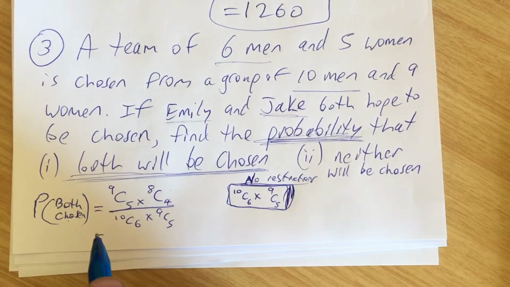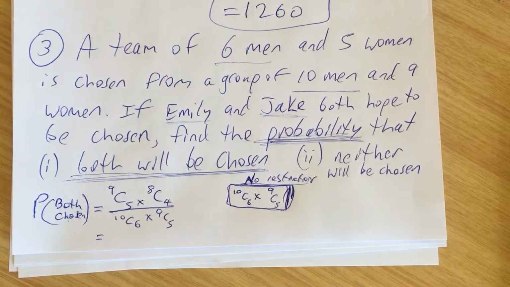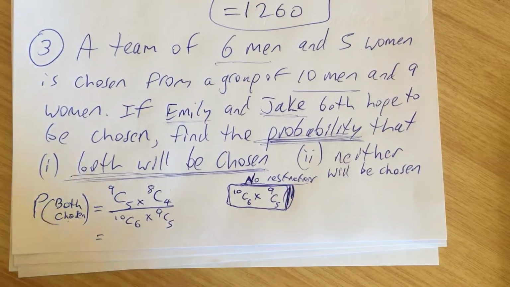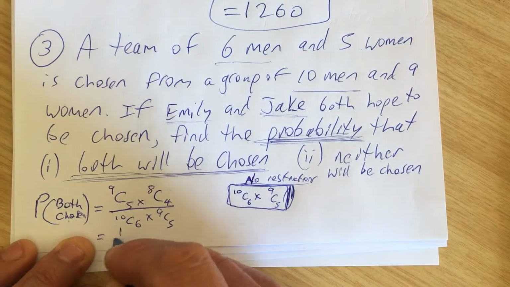This becomes, I think it's like 1 in 3 or something, or 3 in 10. It was a really nice answer. I did it earlier. I'll just check it. Yeah, it's 1 in 3. One third.